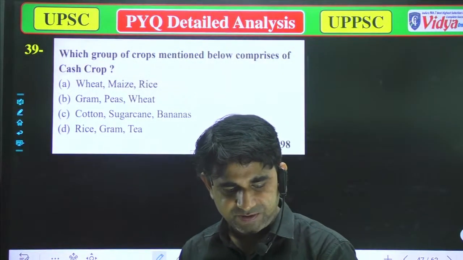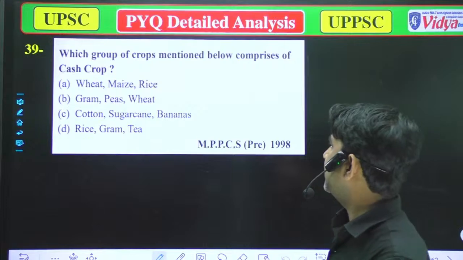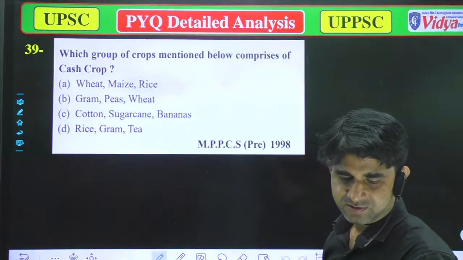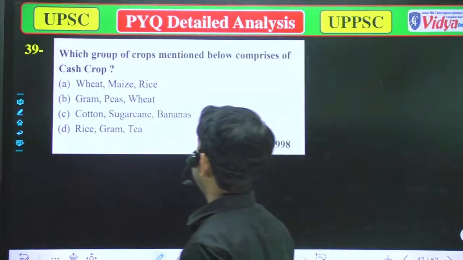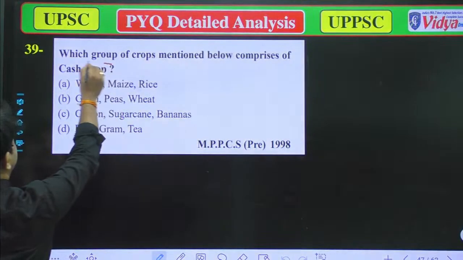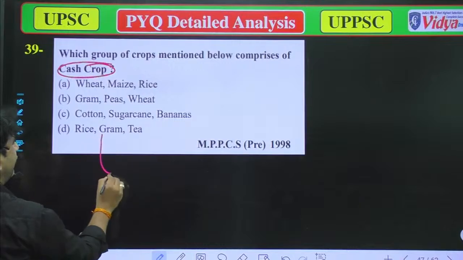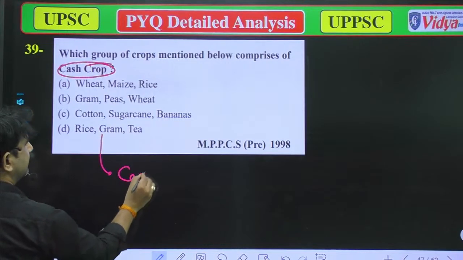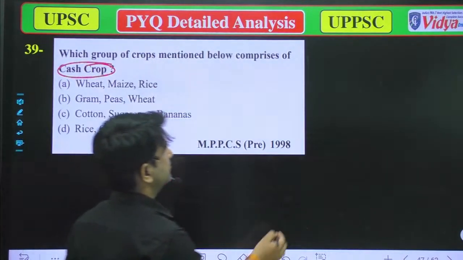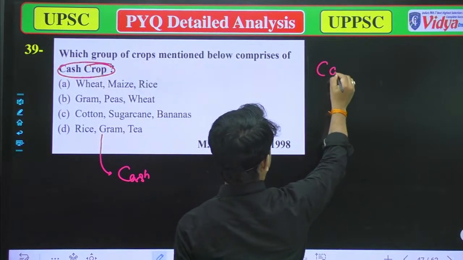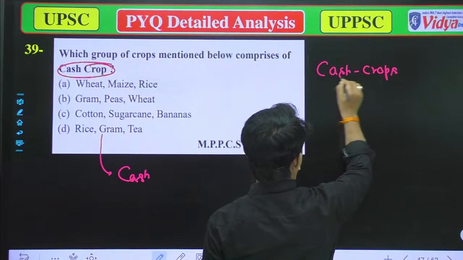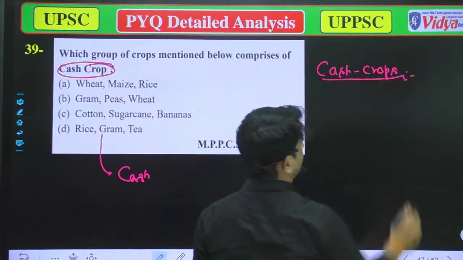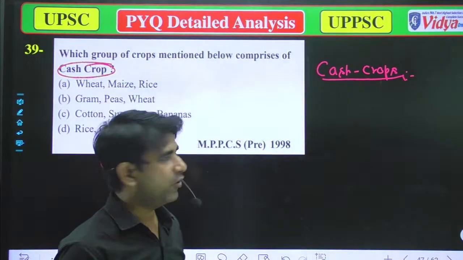Okay, he's saying B. I think it will take some time, because the first thing is, what are cash crops?